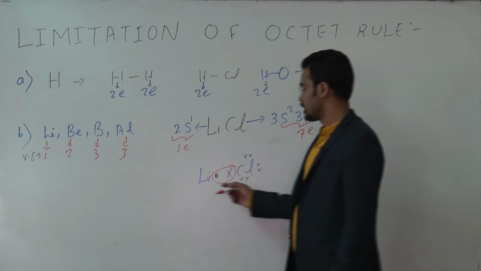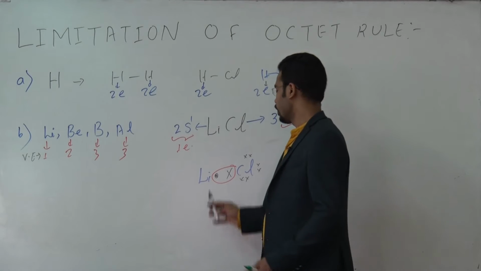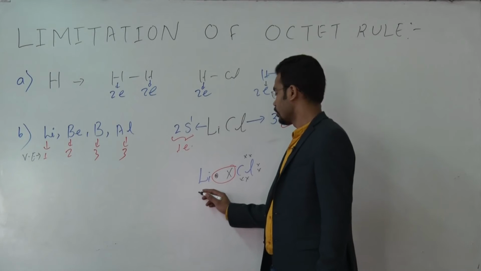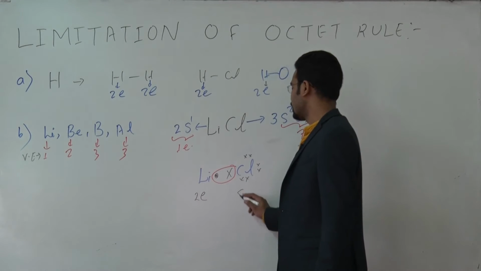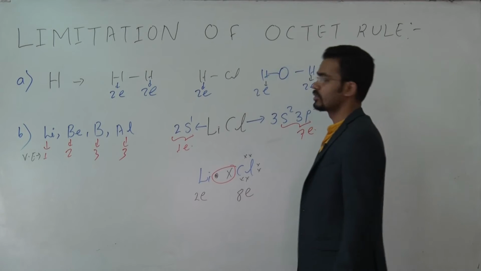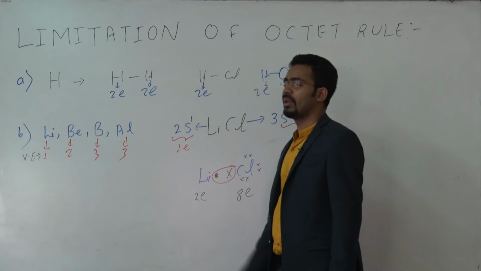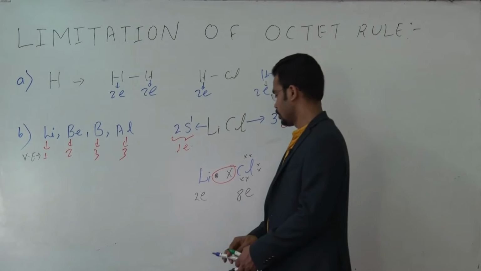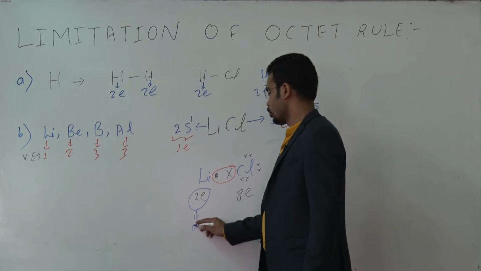Therefore, tell me how many electrons lithium has here. Lithium has 2 electrons, while chlorine has 8 electrons. So lithium belongs to the second period, but does not obey the octet rule.